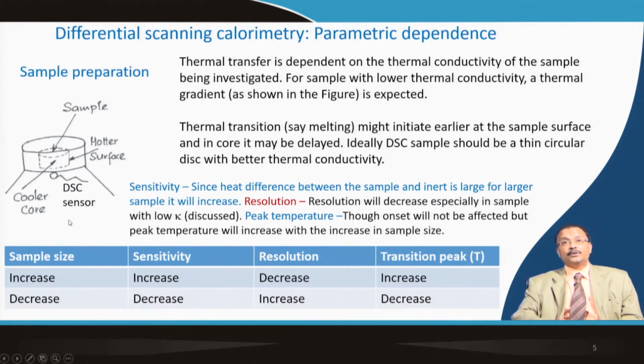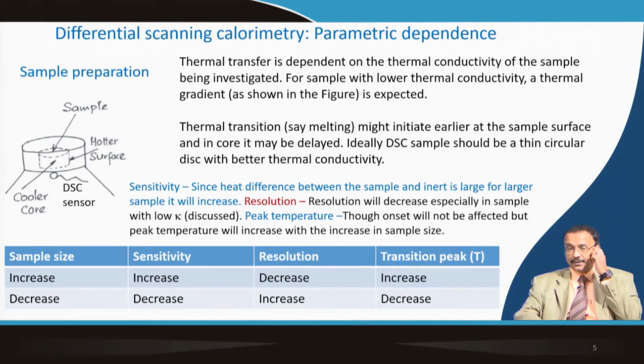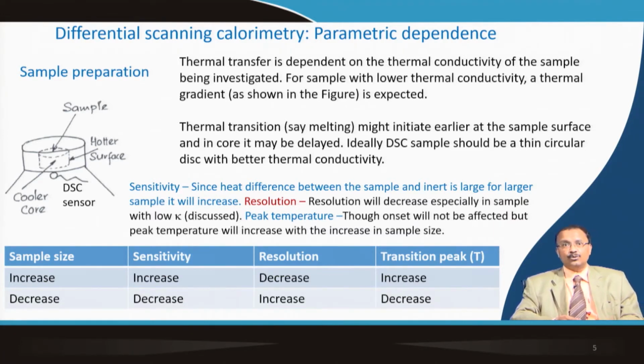So, in case of a thermal transition, say melting, that can initiate earlier at the sample surface, because the temperature is high and it is less thermally conductive, and the core may not see the transition. So, ideally the DSC sample should be a thin circular disc, not a massive one, so that this thermal gradient is avoided.